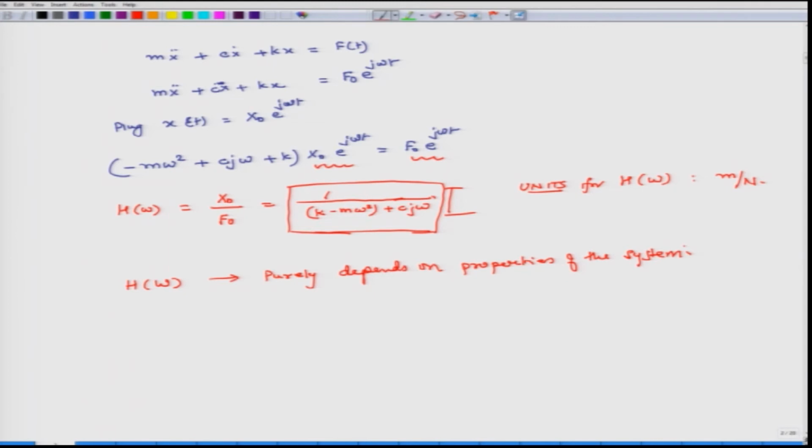Okay. It purely depends on properties of the system. This is important to understand. It does not depend on the nature of excitation for linear systems.